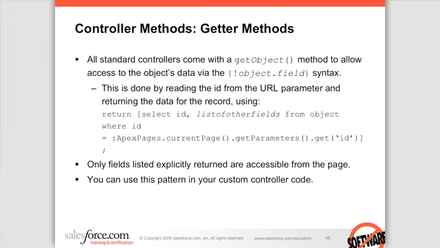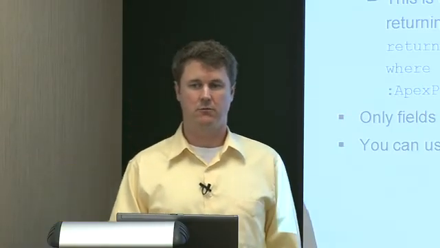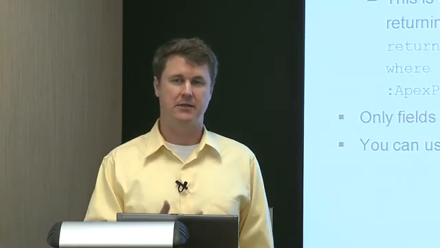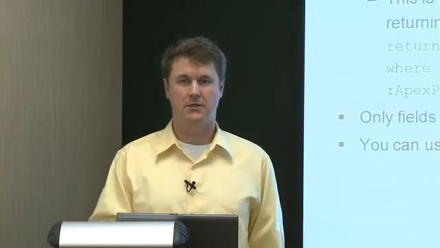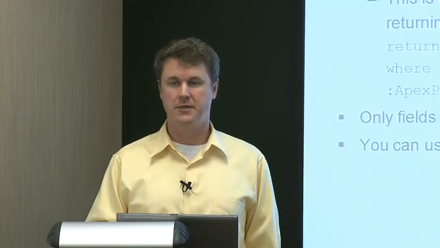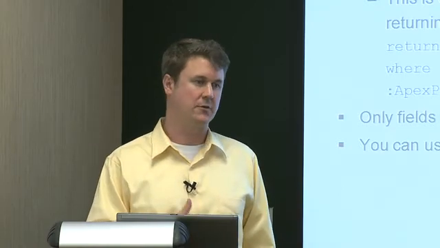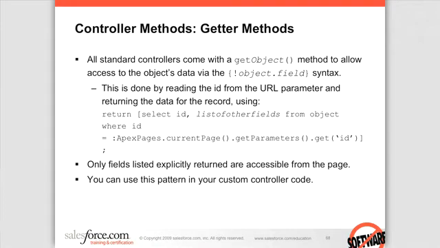Behind the scenes, when you're getting the field values, you can think of it as having these default SOQL queries in which it's always selecting all the fields to go out and get all the data so that you can then reference that within your Visualforce page. So in this case, they've taken the shortcut where it selects Id and then a list of all the fields from our either standard object or custom object.